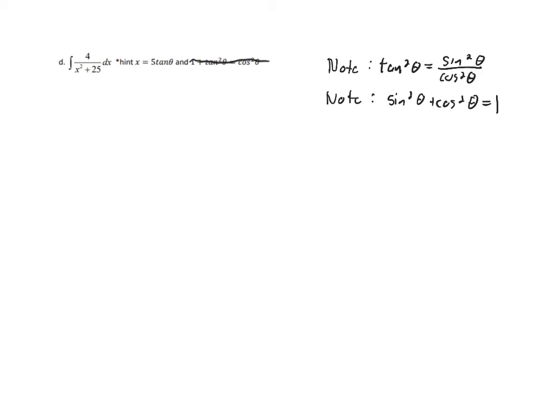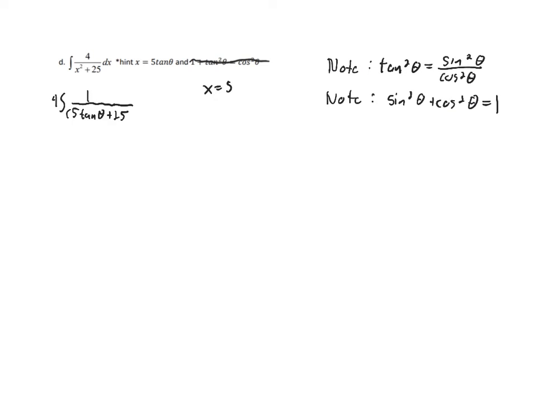I gave you the hint. We're going to use x equals 5 tan theta for our substitution here. Let's rewrite this and see what we have so far. I'm going to go ahead and take out that 4, and let's plug in our x: 5 tan theta, squared, plus 25. We also need to replace the dx value.